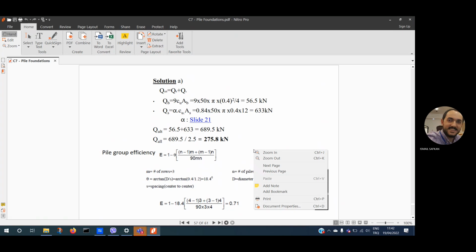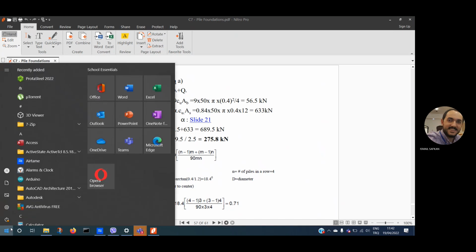The other one will be the group pile. Let's say you know the building's weight. So you will design your piles. You will decide diameter, quantity, and the depth with the assigned soil profile. Let's solve one example on Excel so you see what I mean.